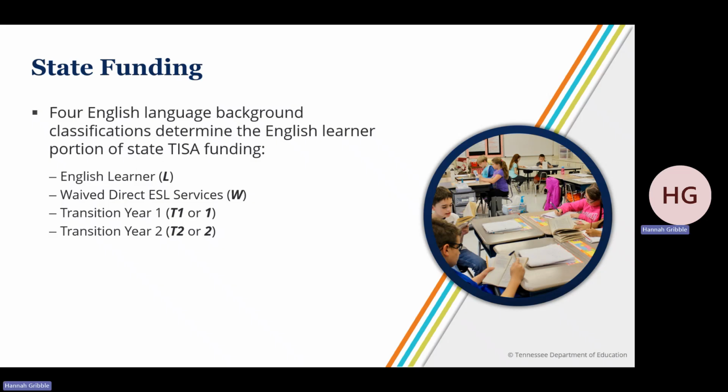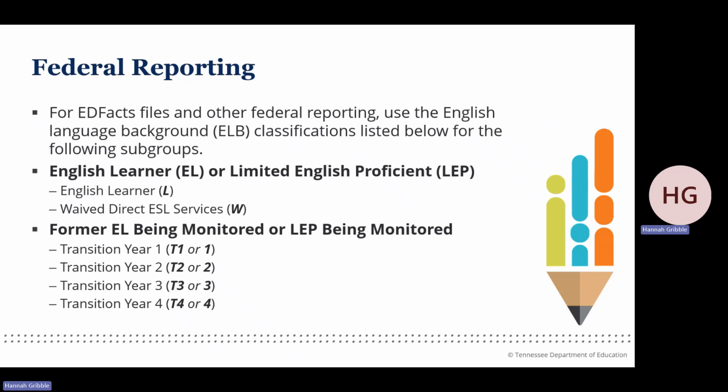Four English language background classifications determine the English learner portion of state TISA funding: English Learner, or L, Wave Direct ESL Services, W, Transition Year 1, and Transition Year 2. For federal reporting, for EDFacts data files, and other federal reporting, use the English language background classifications listed below for the following subgroups.